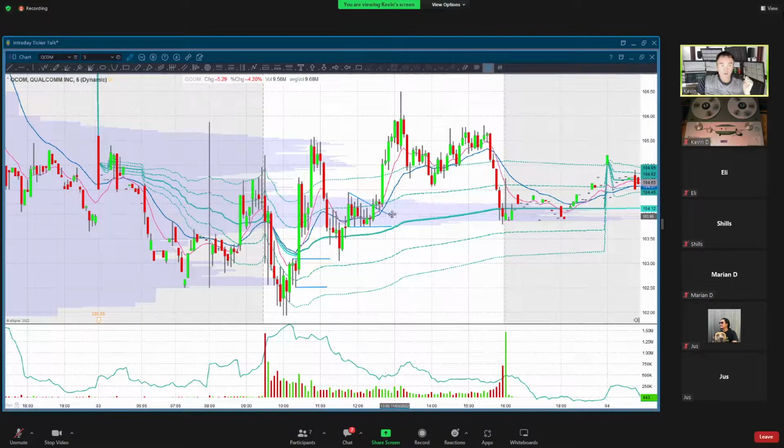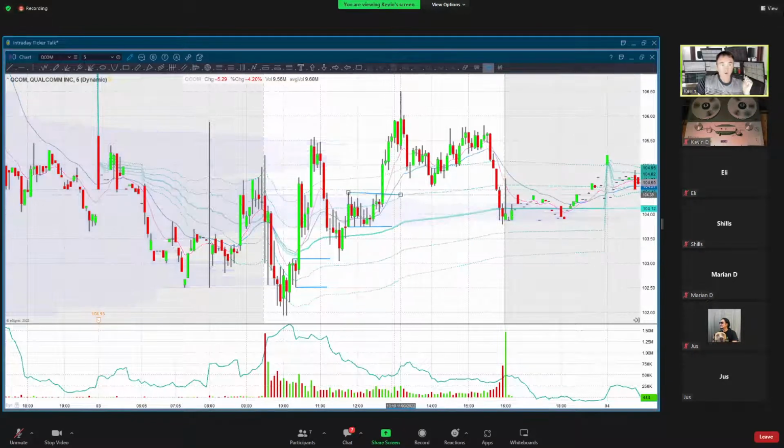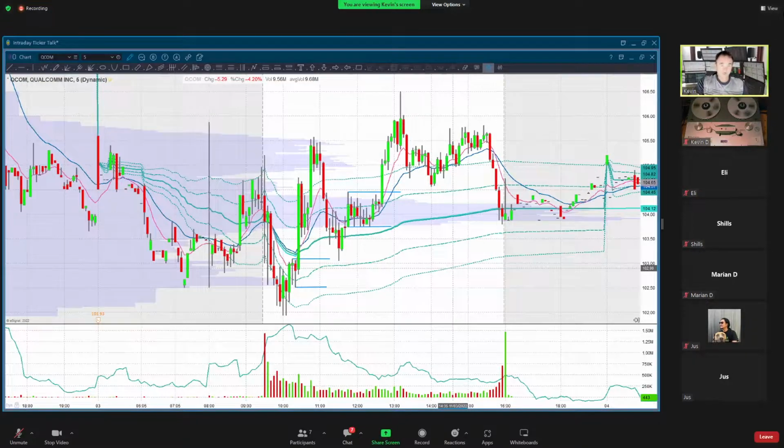Other traders obviously entered on the break of that high, or maybe down in here a little bit. So that's a couple ways to get in, but definitely after this consolidation and it breaks to the upside, that's where you want to get in. So that would be your intraday entry on that one.